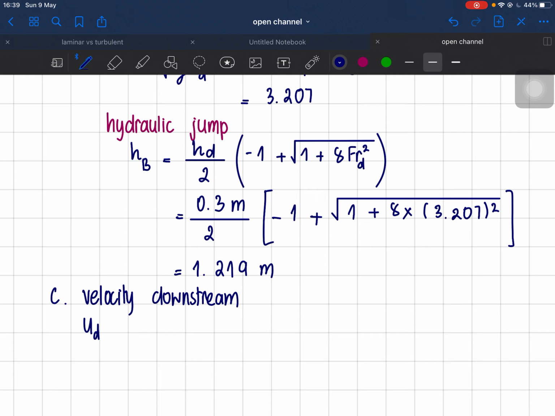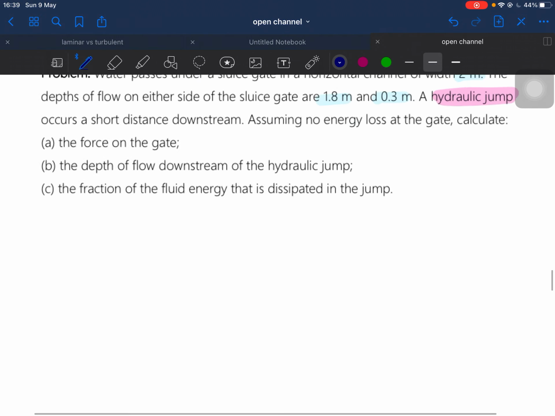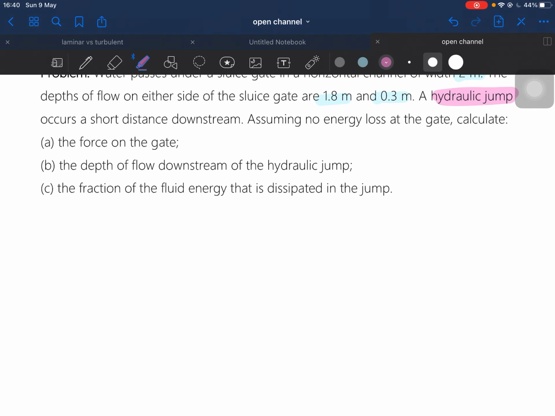UD is equal to Q. Why are we using HB? Because HB is, they said, the velocity of the jump.